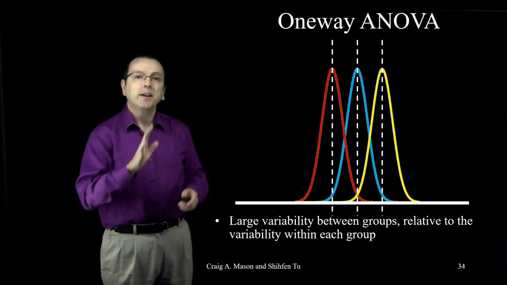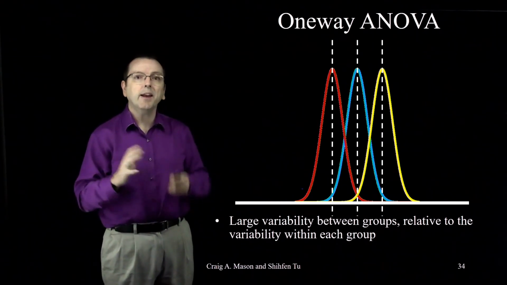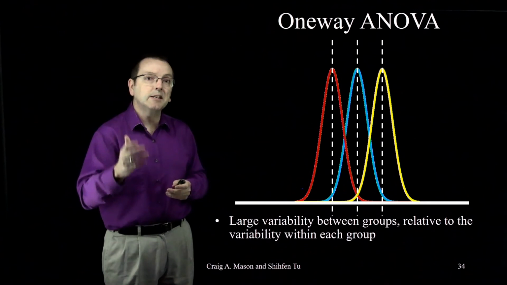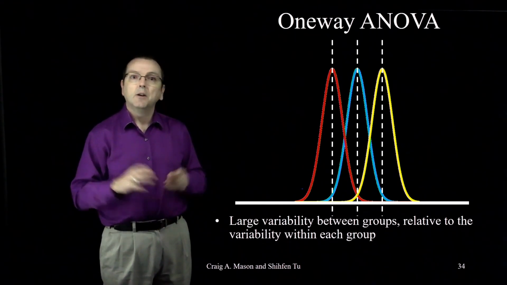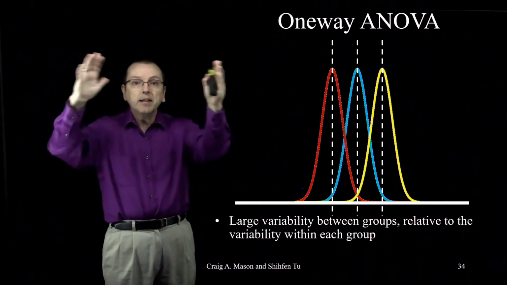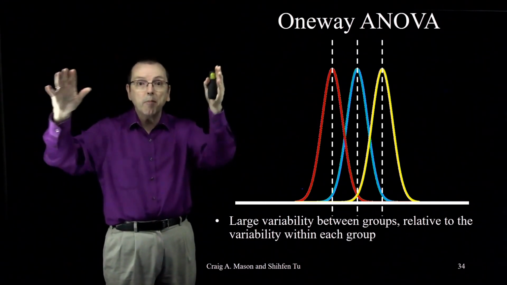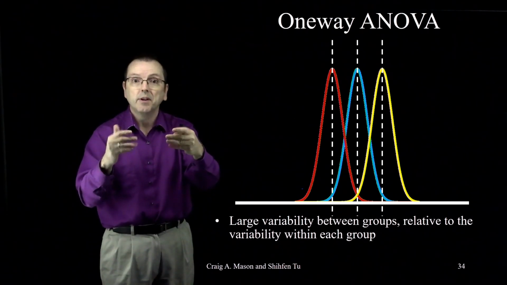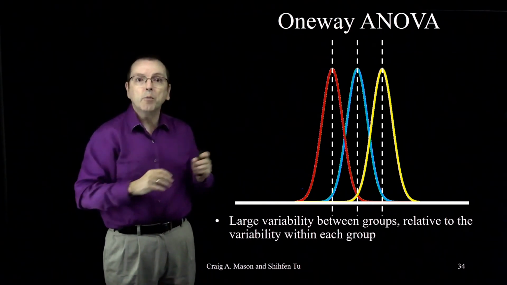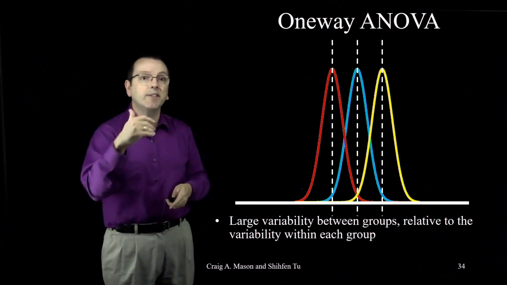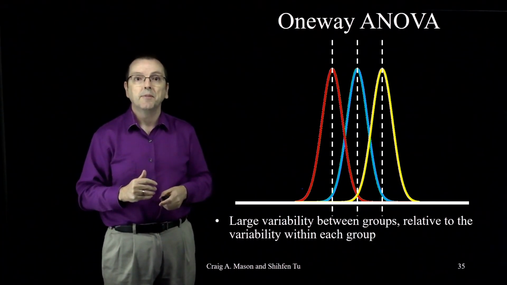Now, can you see the parallel here at a conceptual level with what we were doing with z-tests and t-tests? With z-tests and t-tests, we're comparing how big of an effect we saw relative to how big of an effect we expected if the null was true. But in ANOVA, we're going to do it by comparing variances instead of x bars and mu's.